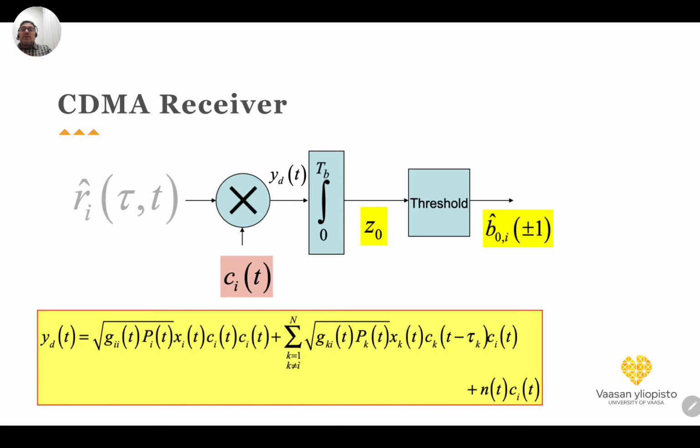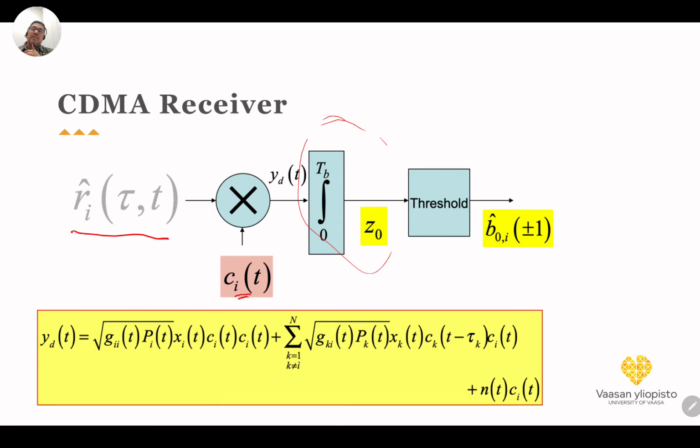So this is the receiving part. This is Ri, the received signal. Now I make the despreading process. I multiply with Ci, and then I take the averaging over one bit period. Here we assume that I take the first bit, but this is without loss of generality. It can be over any symbol or any bit.